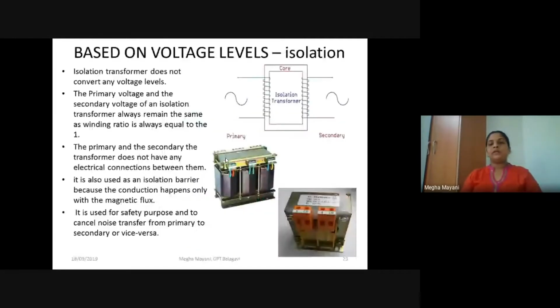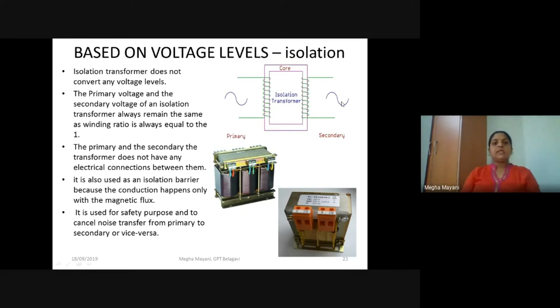The third one in the voltage level classification is called as isolation transformer. Actually, we don't have any kind of voltage conversion in these types of transformers. The primary voltage and the secondary voltage, as you can see here, both are exactly same.